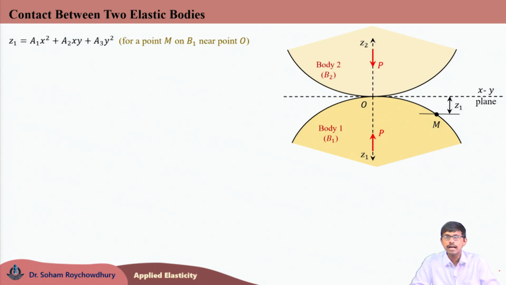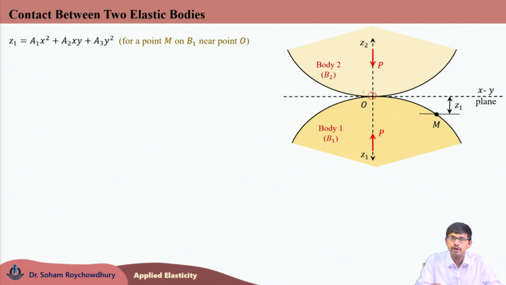Once we apply the load P, there will be a finite patch generated. Now, there is a single point contact. Once P is applied, then there will be a finite patch of contact generated. So, M is one point on body 1, which is initially outside the contact span, and once P is applied, point M will come inside the contact span. That would be our approach.